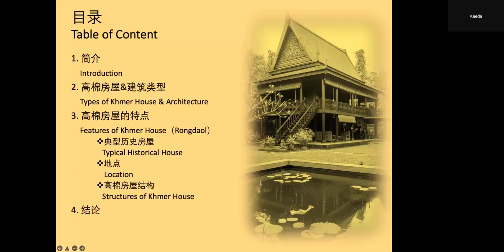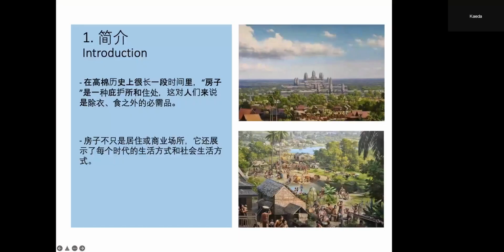A house in Cambodian history is not just a place for shelter. It's also a place for staying or doing business. It is very necessary for people after clothing and food.